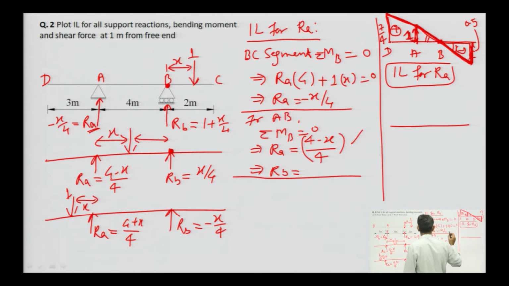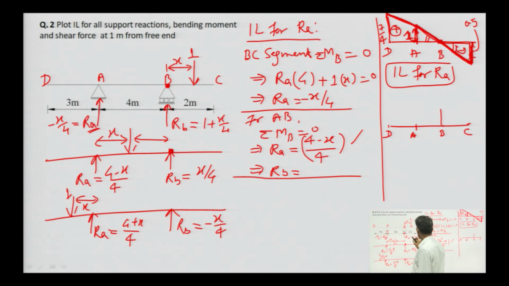For RB, let us take this point as D, this is A, this is B, this is C. Put the value of x, this is for BC. When the point load is at point B, x is 0, so the value of RB is 1, and 1 means positive.